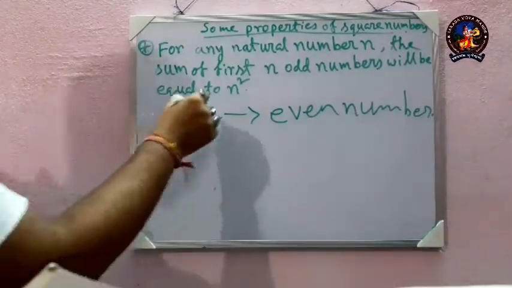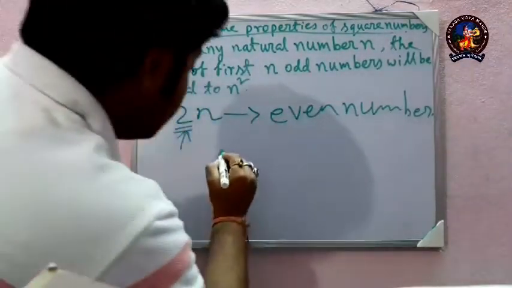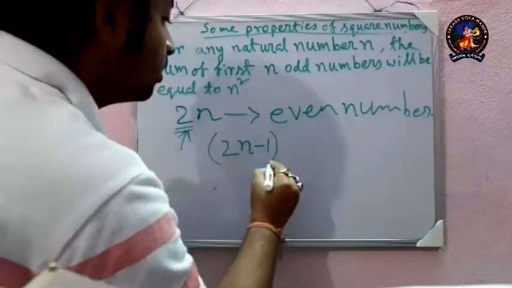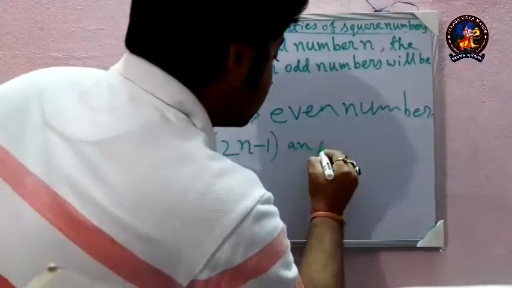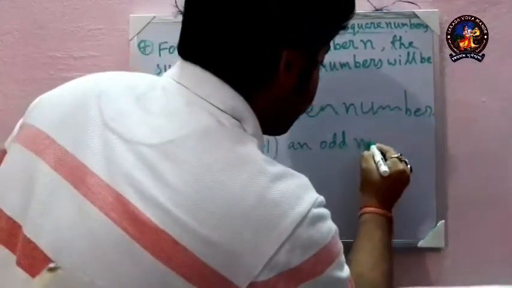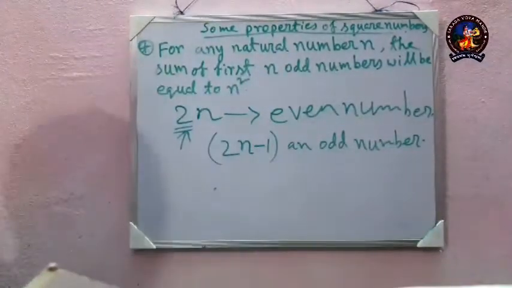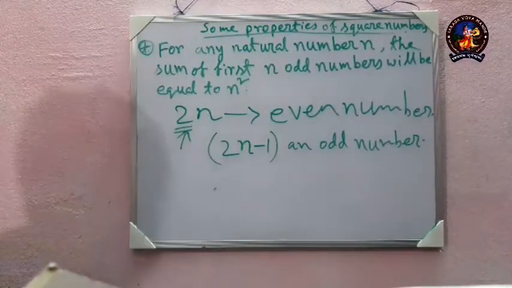Now, if 2n is an even number, then obviously 2n minus 1 will be an odd number, right? Now, let's come to the property.